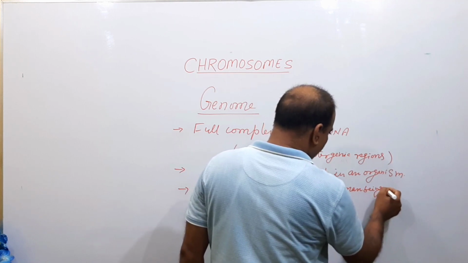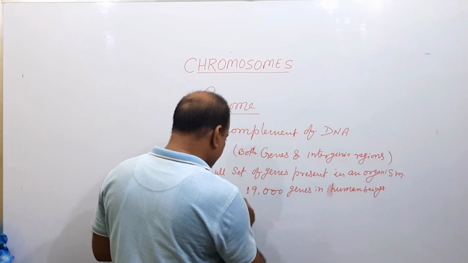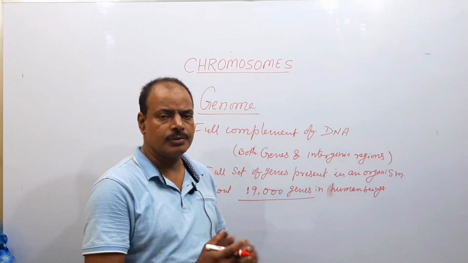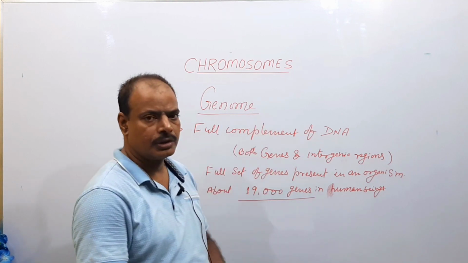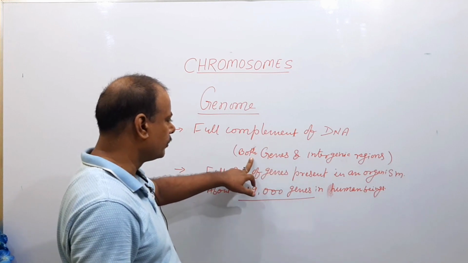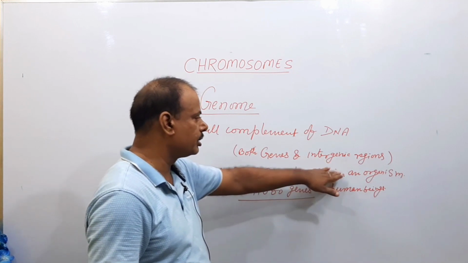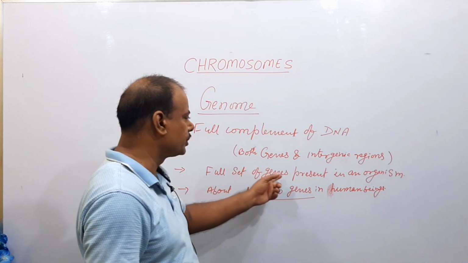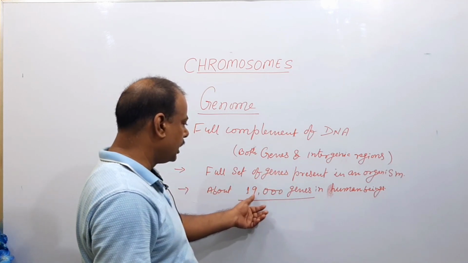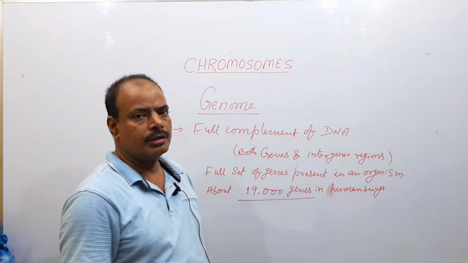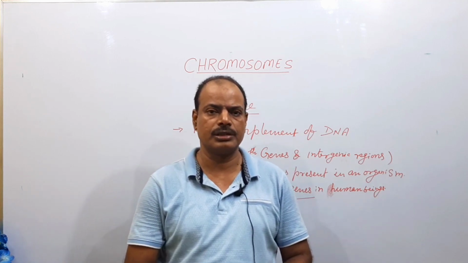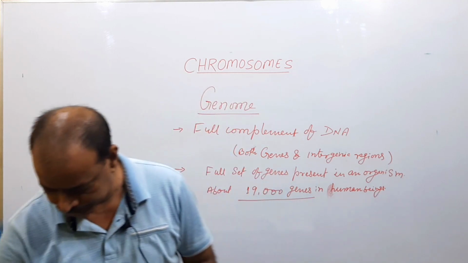It means these 19,000 genes are collectively known as genome. So genome means full complement of DNA containing both genes and intergenic regions, or you can say it is the full set of genes present in an organism, and there are about 19,000 genes found in human beings. So the full set of these genes are known as genome.